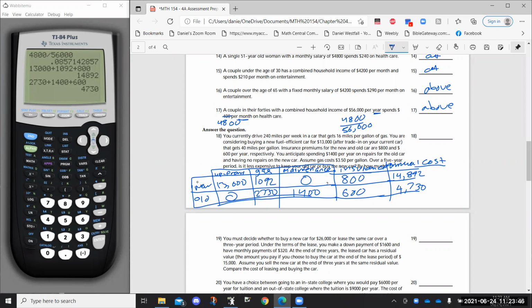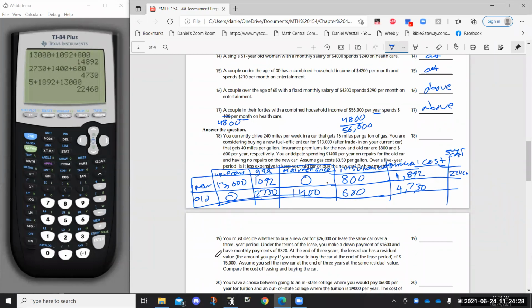So my annual cost here is this one. Okay, I'll add in the upfront cost in just a second. My 5-year cost will be 5 of these, 5 times 1892 plus my 13,000. That's where my 13,000 comes in, at the end. So I have a total cost here of 22,460.